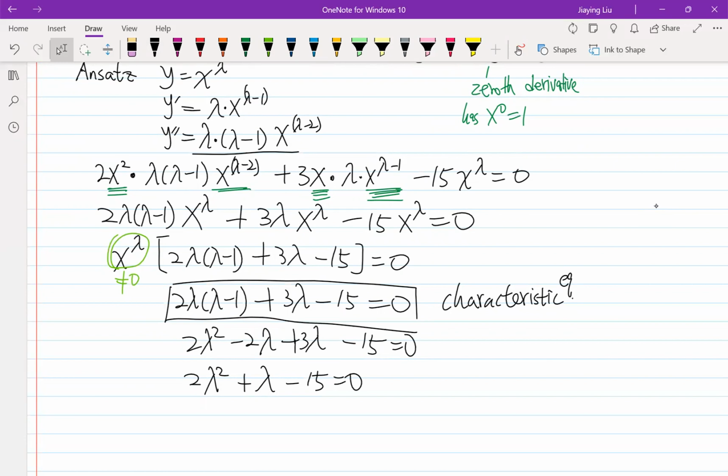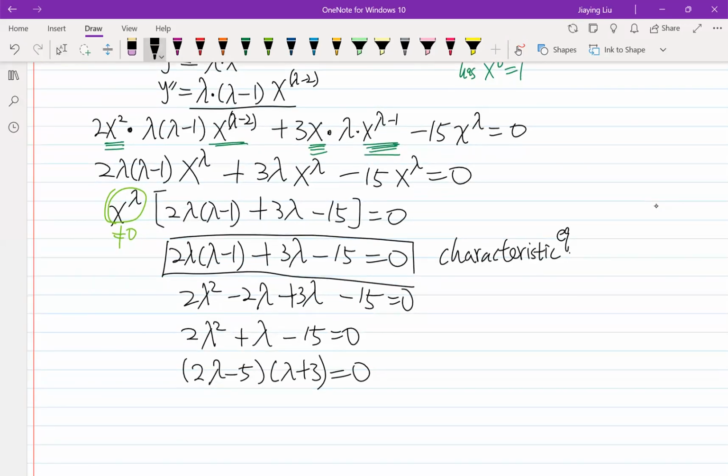I'll let you try either way, but I'm going to be a little bit lazy. It looks like we can factor this as 2 lambda minus 5, lambda plus 3 equals 0. And if you use the quadratic formula, you should end up with the same: lambda 1 equals 5/2, that's the first one, and lambda 2 equals negative 3.